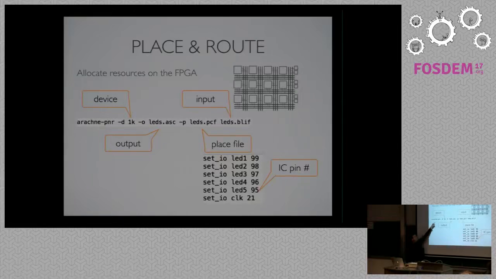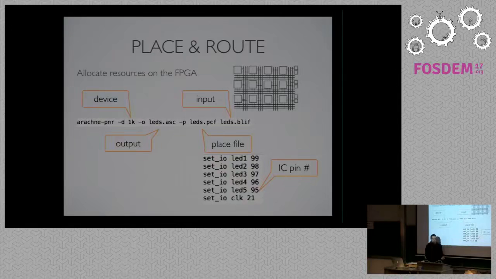There is a lot of processing that is done on the input file, and it generates what we call a netlist, which is a net of gates and of registers. And then you can use the place and route tool to place all these gates. So it will try to assign each gate to the logical blocks of the FPGA and to route all the nets. It's a little bit technical, it's done completely automatically. And if it works, you're okay.